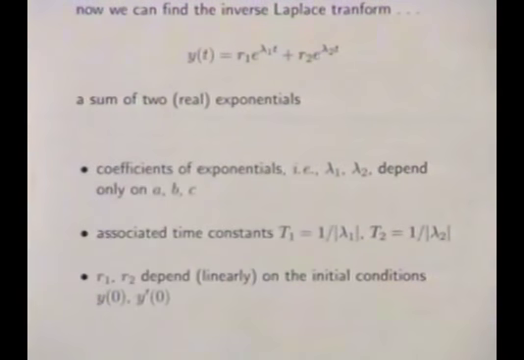So if lambda 1 and lambda 2 are both negative, what happens to y as t gets big? What happens? It decays, yeah. And what if one of the lambdas is negative and one is positive? What would that mean about y? What happens then?